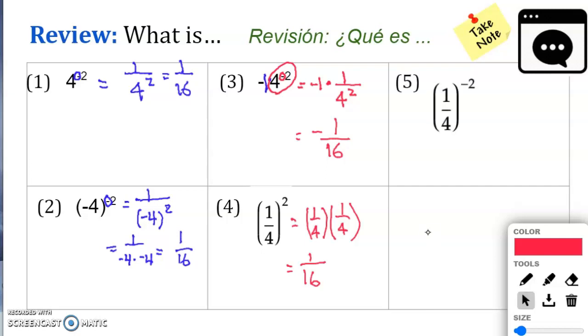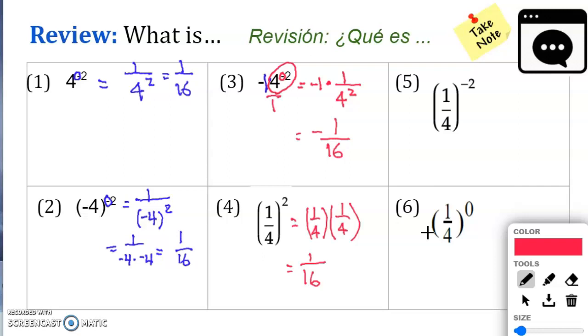Next problem, what about 1 over 4 all raised to the power of negative 2? Remember what we said? When you see a negative sign, one way you can think of it is you flip the fraction. In this case, you are flipping this 4 over 1. This 4 is the same as 4 over 1. So you're flipping it and then raising it to the power of 2.